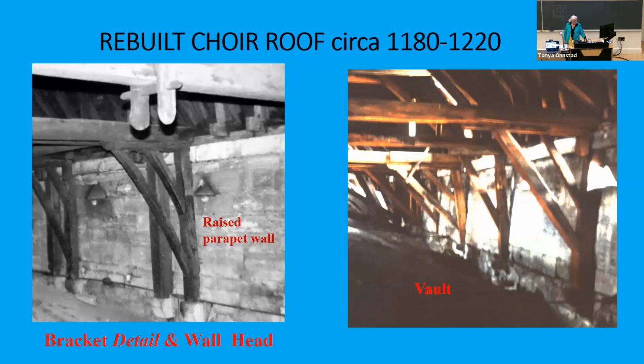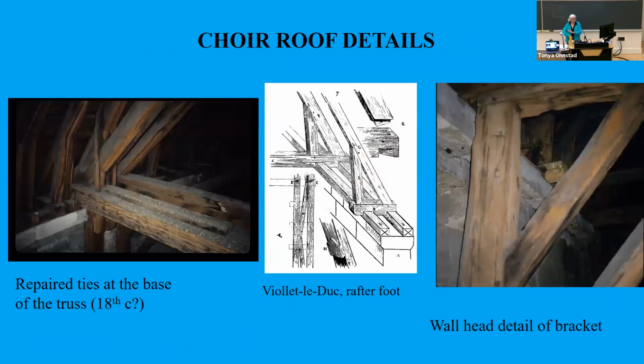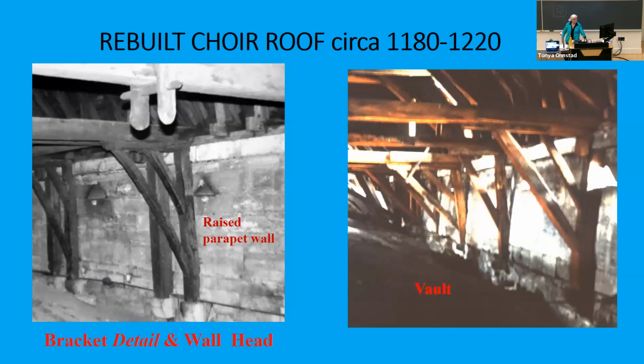So as we go on, we see that the master carpenter was really concerned with anchoring that tie beam on the wall. If maybe we just go back for a second, he's put double braces. He's put this massive bracket down, if you look on the left, and double braces, and then a piece underneath the tie beam.